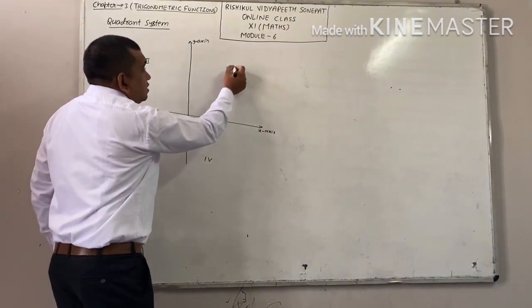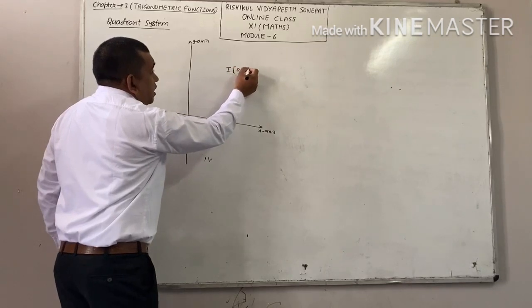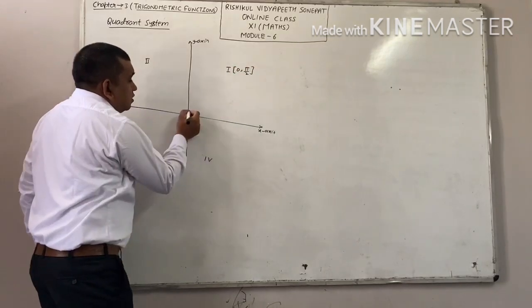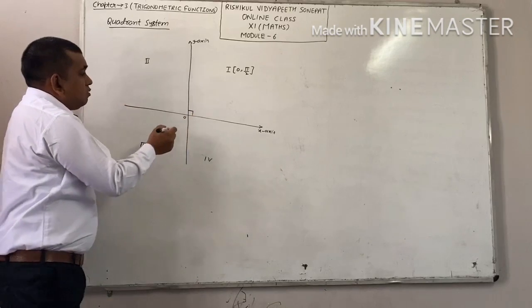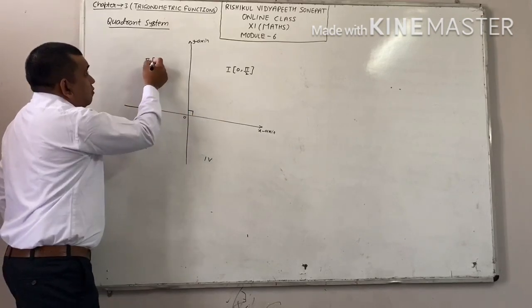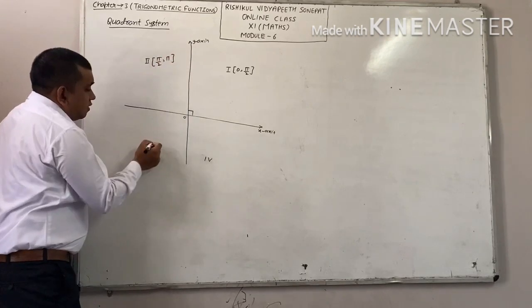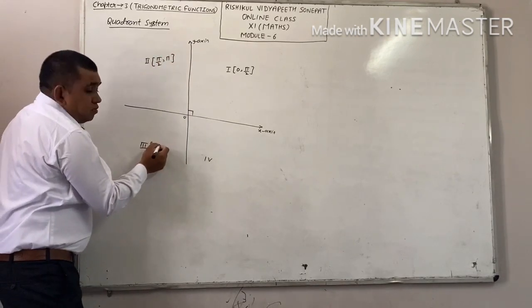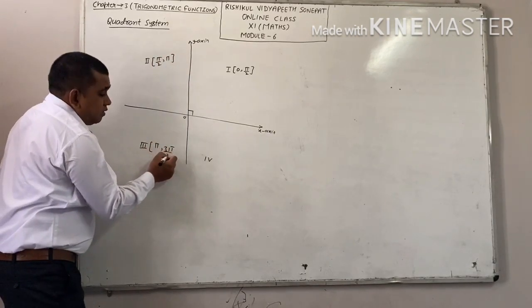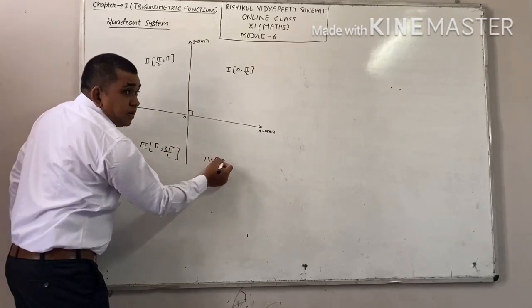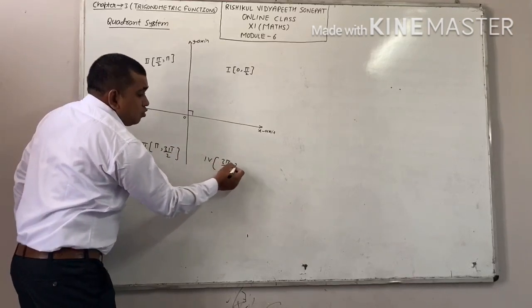Now, first quadrant is 0 to pi by 2, because this is your pi by 2. Second quadrant, pi by 2 to pi. Third quadrant is from pi to 3 pi by 2, and fourth quadrant is from 3 pi by 2 to 2 pi.